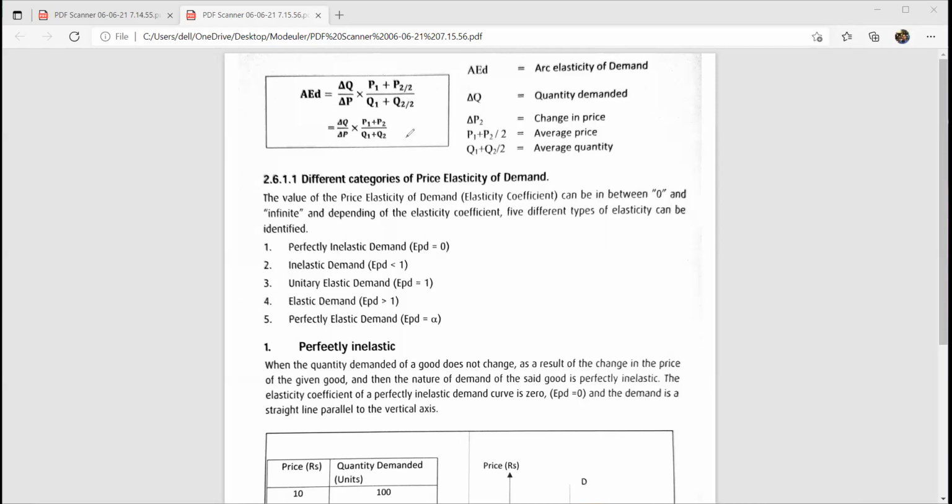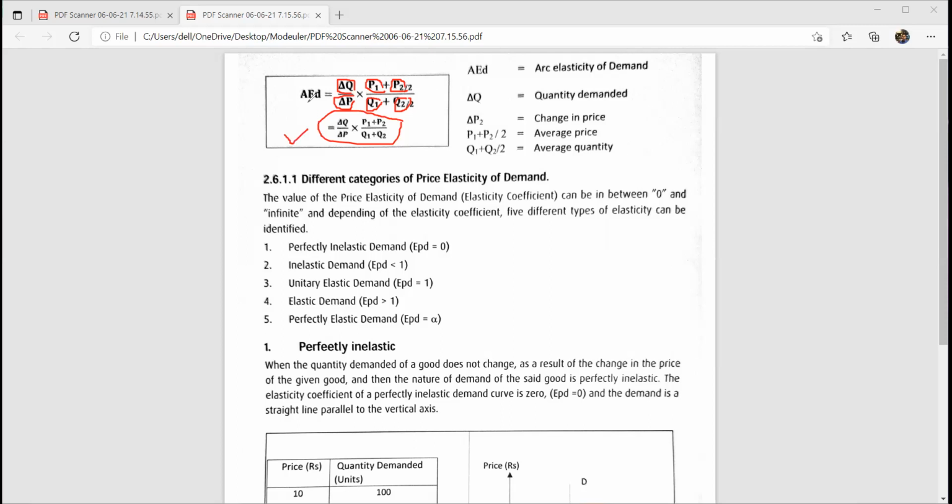Under the arc elasticity, we calculate change in quantity, change in price as usual. In addition, we look at P1 and P2, both prices and both quantities. Finally, we use this formula. So you should remember this is the one, arc elasticity.